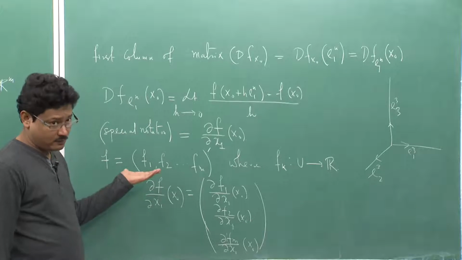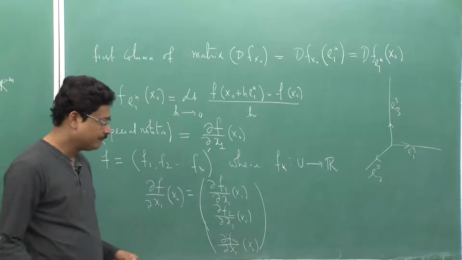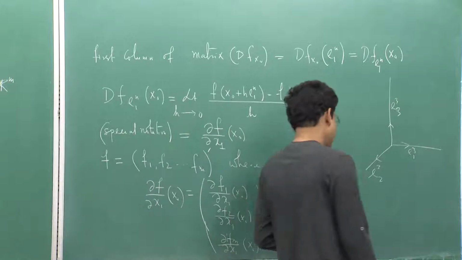Now, there is nothing special about the first column. If I change 1 to any variable xk, then I will get the kth column.